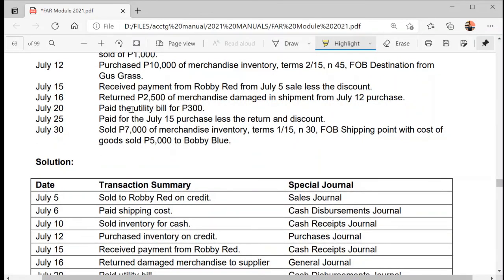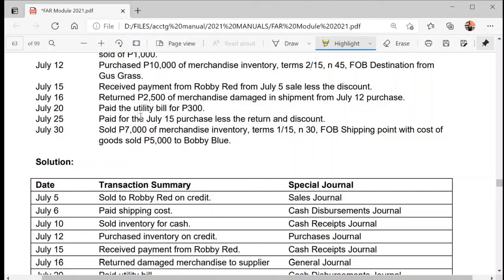Then, returned merchandise damage. So, what will be the entry for that? So, kung kita ang nag-return, so that would be debit to accounts payable and credit purchase returns. So, wala man, dili man siya purchase on account because this is a return man.